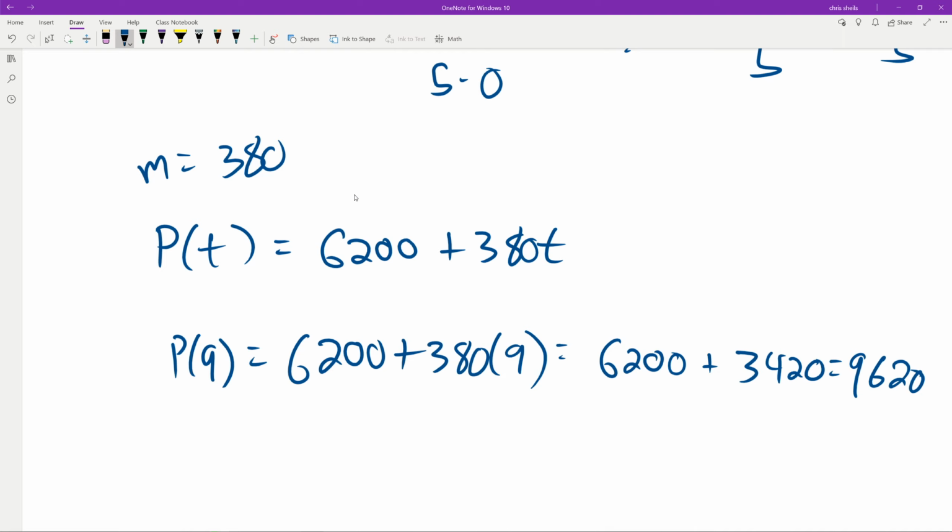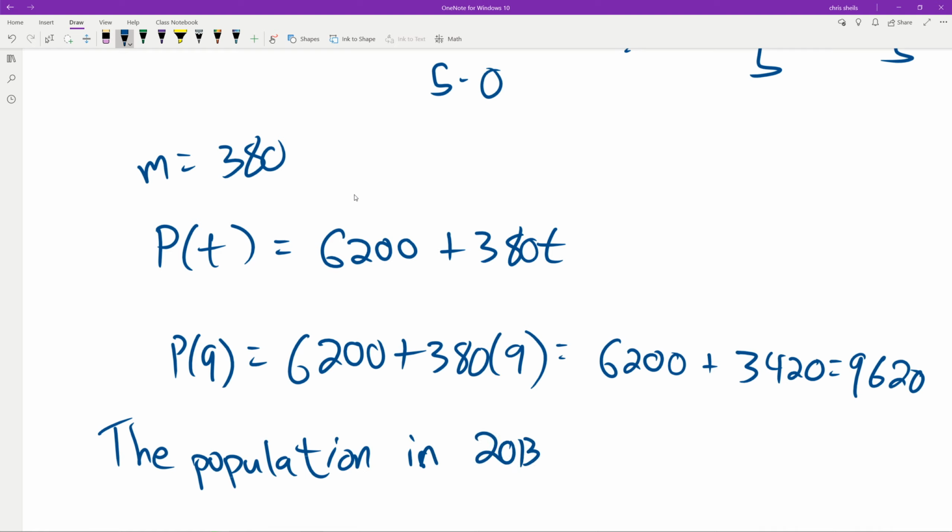So the population in 2013 will be 9,620. Maybe I should write this better.